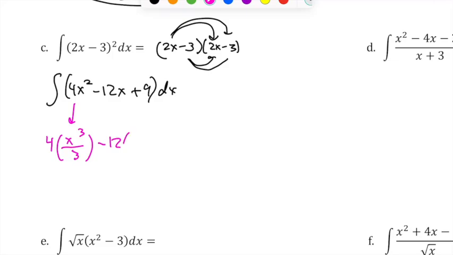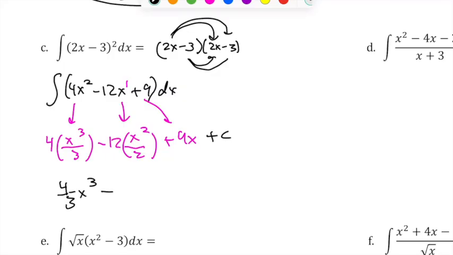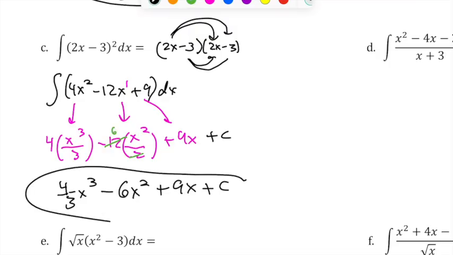Subtract 12. And if you add a 1 onto the 1, you get x squared over 2. And then the 9, we're just going to get 9x. You always have your constant at the end. And if we simplify, we'll get 4/3 x cubed minus, these cancel out to a 6, 9x, and then plus c.